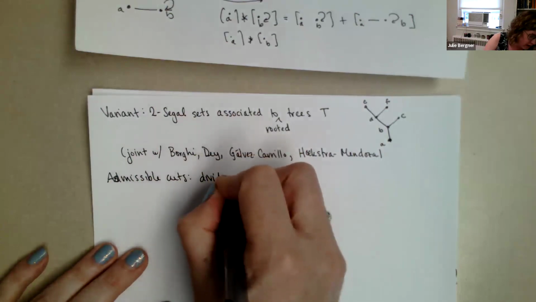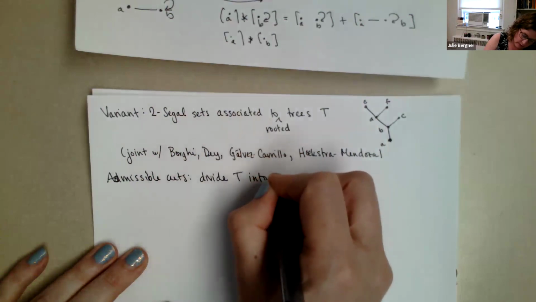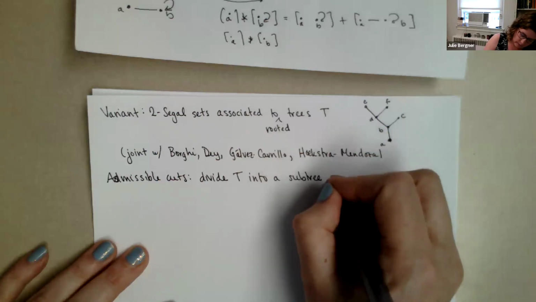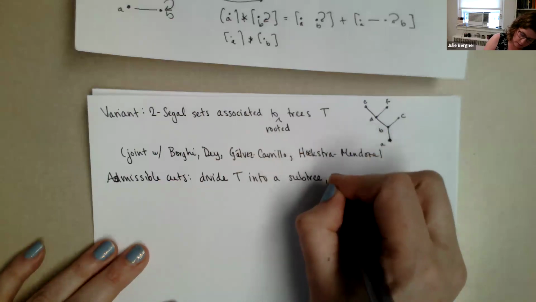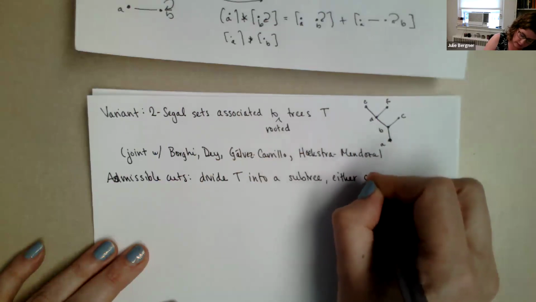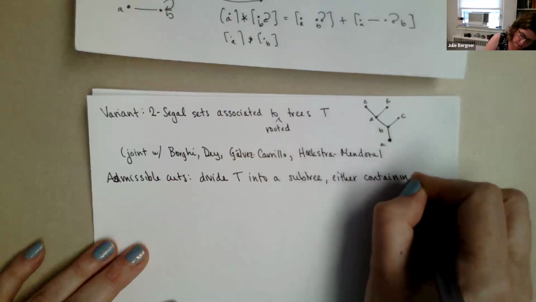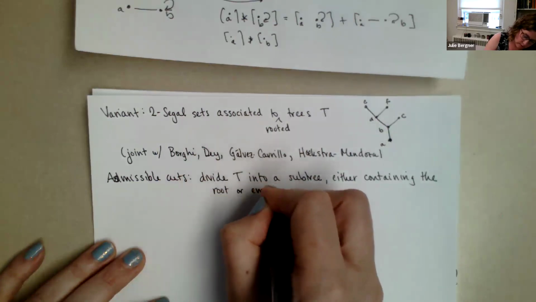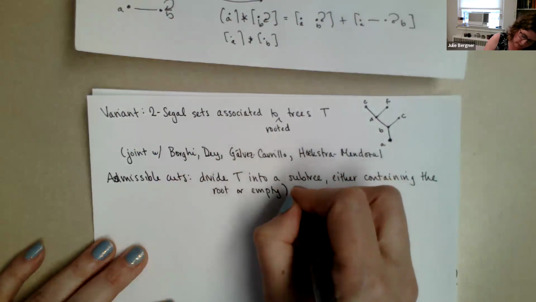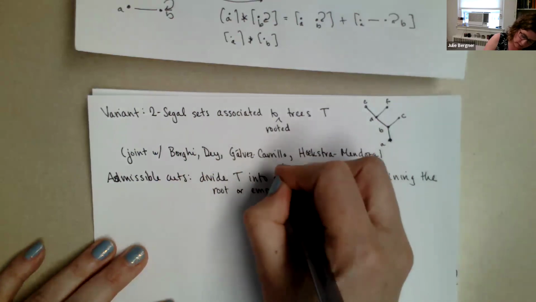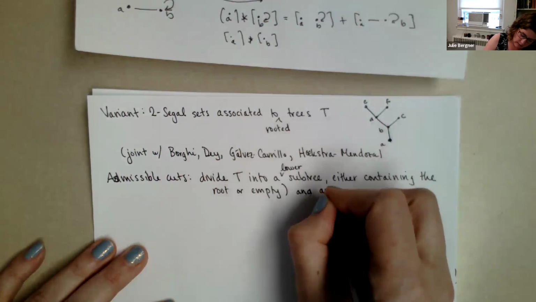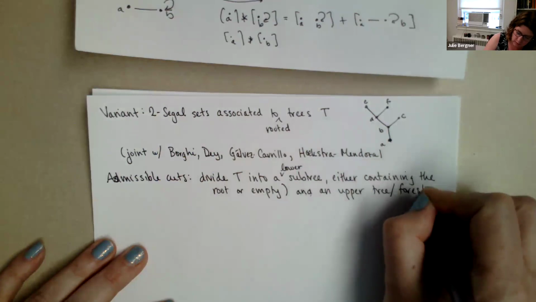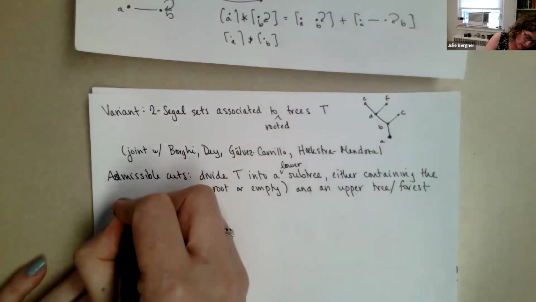We're going to divide T into a subtree, either containing the root or empty, which I'll call the lower subtree, and an upper one. This could be a tree, it could be a forest, a disjoint union of trees, depending on the cut.